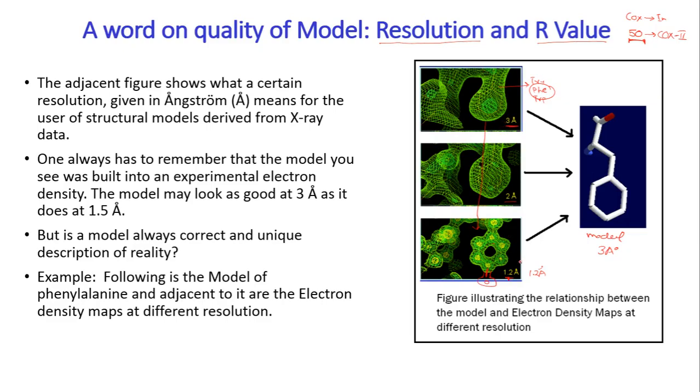So a well-resolved structure should have a lower value of resolution. 1.2 Angstrom resolution is better than 3 Angstrom resolution, so the model developed at 1.2 Angstrom resolution is better than the model developed at 3 Angstrom resolution.